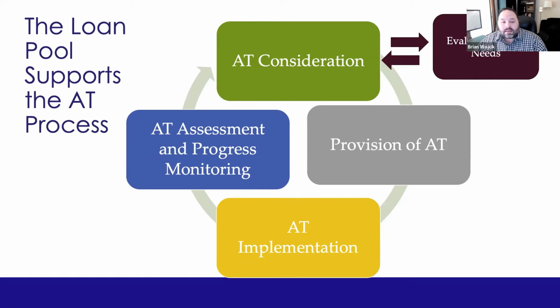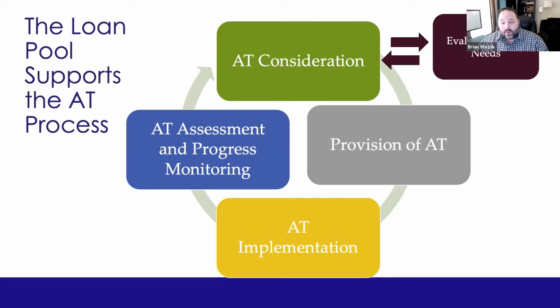An AT process is critical to the success of creating a good match between a student's needs and potential assistive technology, as well as the overall effectiveness of the assistive technology when it is being used by the student. Let's take a look at this process. This process begins with the assistive technology consideration. Assistive technology consideration is the point at which the IFSP team or IEP team answers the question, does the student need assistive technology?